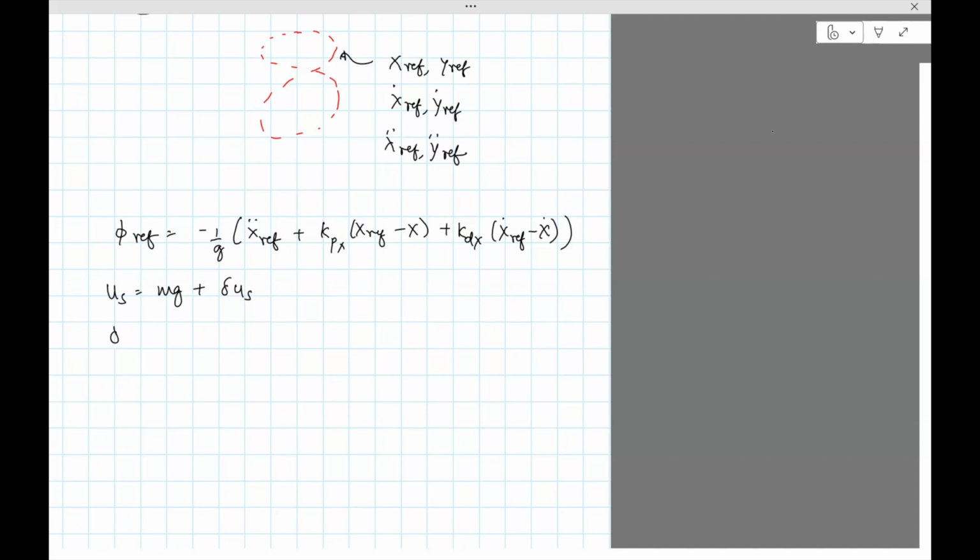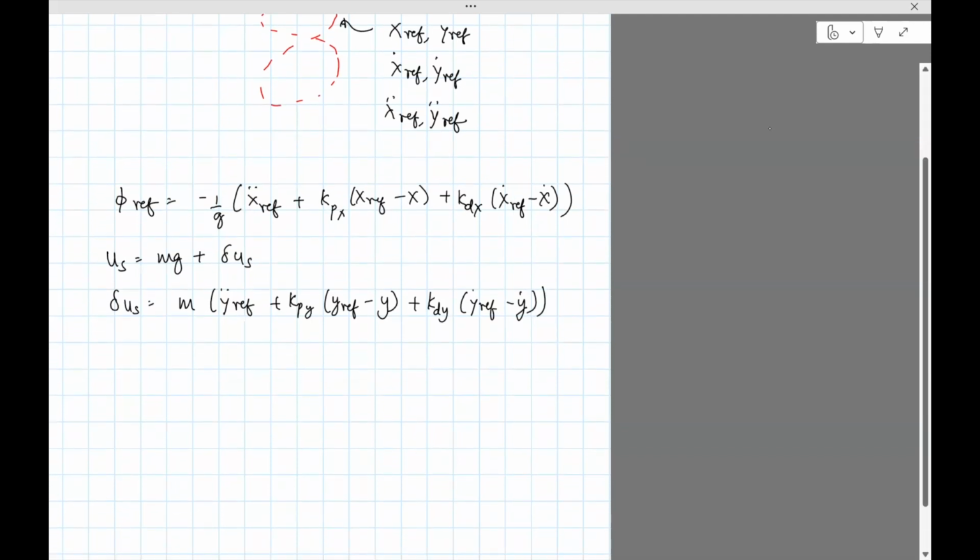And the delta US is equal to m times y double dot ref plus kpy times y ref minus y, plus kdy times y dot ref minus y dot. Okay, so that's how you control the thrust force, the sum of thrust forces.